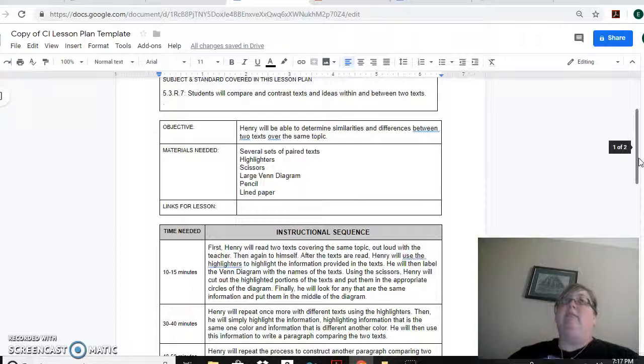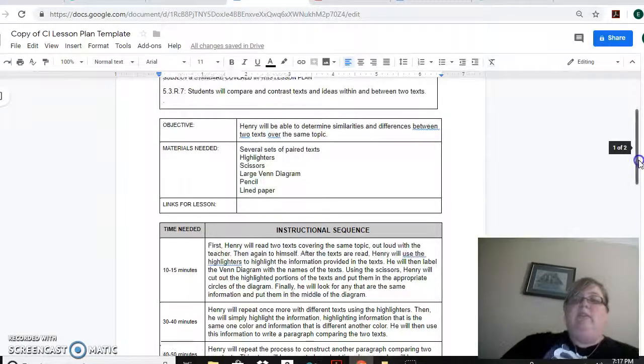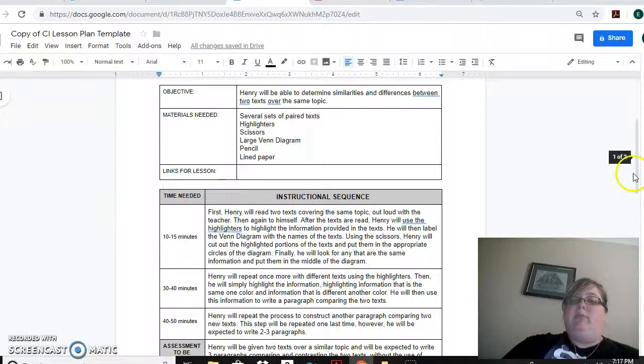Or he could highlight it pink and then go blue and it would be purple. But anyway, then he would write a paragraph telling me how they're the same or how they're different. Finally, he would be doing that and writing 2 or 3 paragraphs.